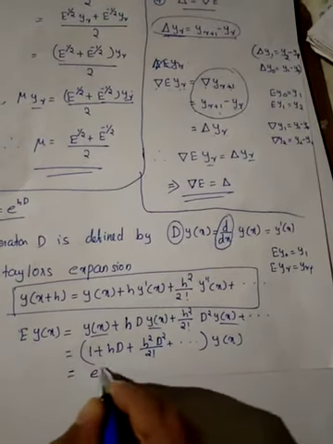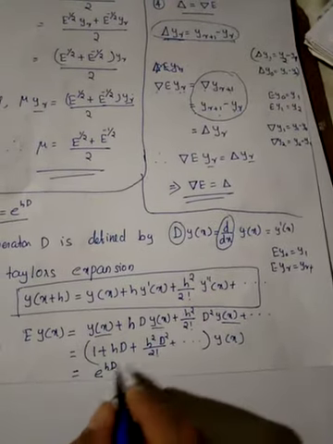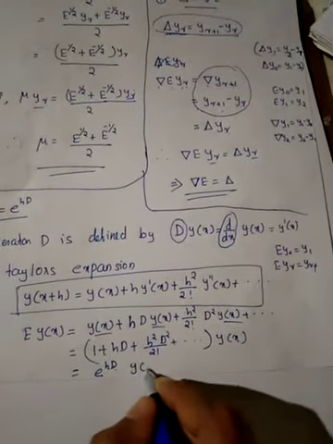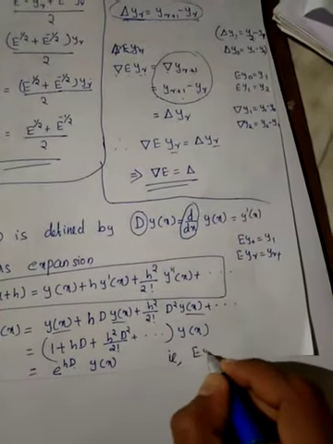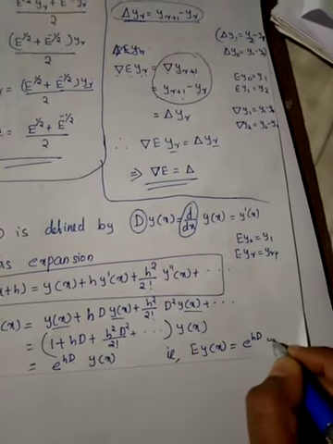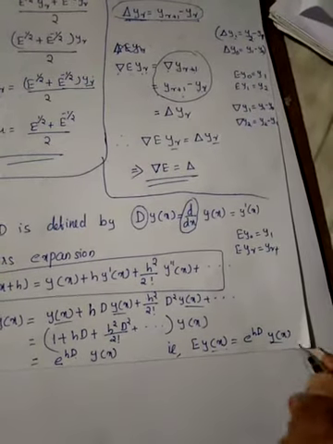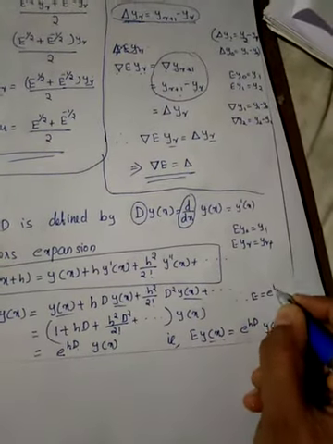It is equal to e raised to hD, the expansion of e raised to hD into y(x). That is, Ey(x) equal to e raised to hD y(x). y(x) is common, so it's cancelled. Therefore, E equal to e raised to hD.